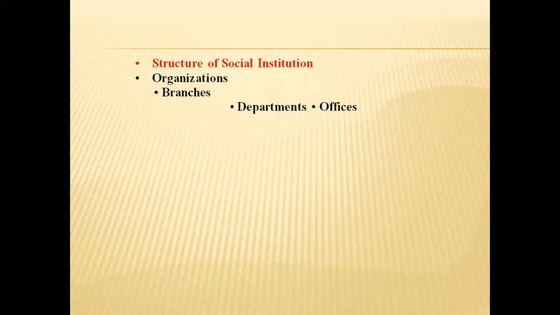There is a relationship between the customer and ATM, between the customer and bank, and between bank and ATM. So in the ATM system there are three objects: first bank, second customer, third ATM. The ATM performs some operations, the customer performs some operations, and the bank performs some operations.